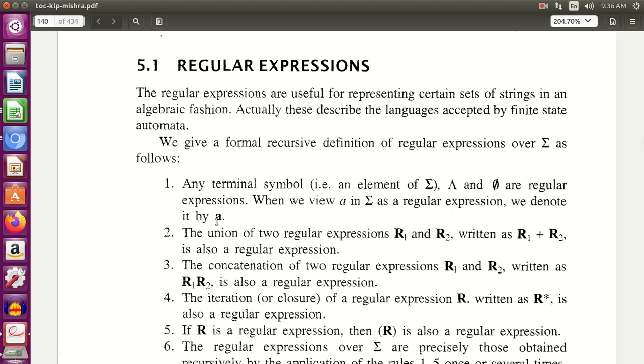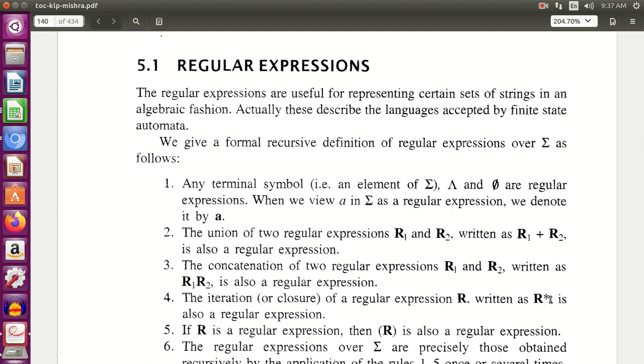Next, the union of two regular expressions: if we name the two regular expressions R1 and R2, then the union will be written as R1 plus R2. The concatenation of two regular expressions is written as R1 appended with R2; just write them one after another. The iteration of a regular expression R is written as R star.